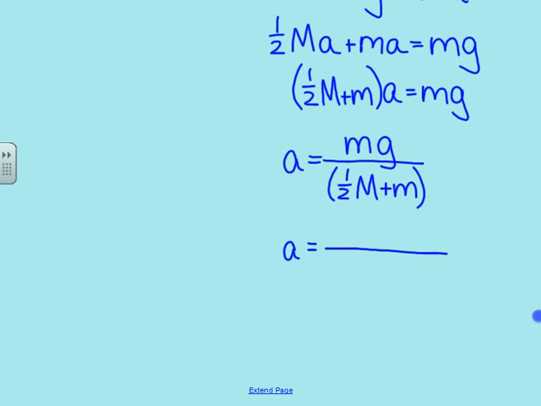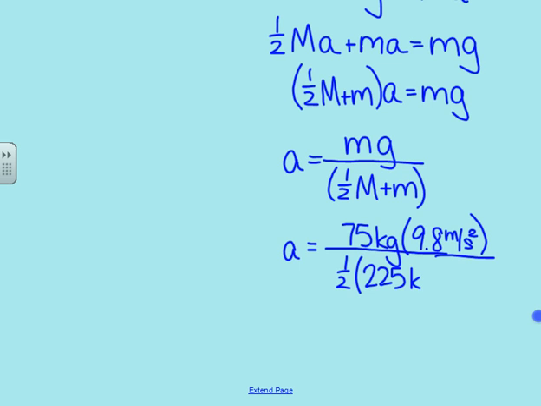The mass of the man, which is what the lowercase m indicates, is 75 kilograms. I plug in a positive 9.8 meters per second squared because I have no vector symbol there. Then I divide that by 1/2 the mass of the cylinder, which is 225 kilograms, plus the mass of the man.